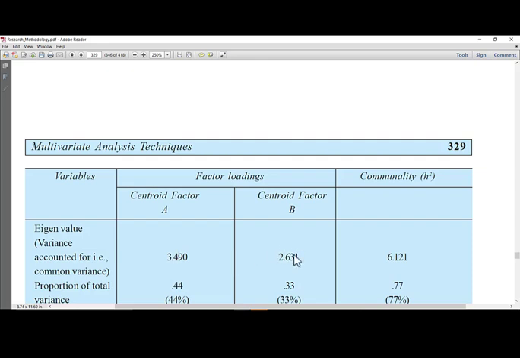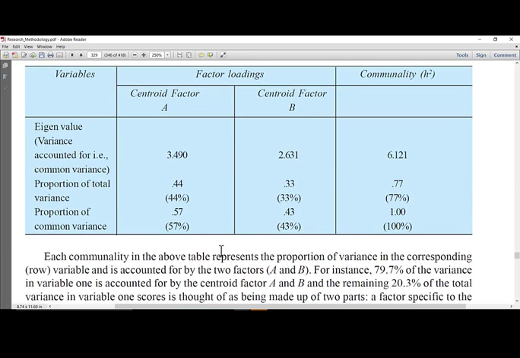This summation is 6.121. And then, as it is variance accounted for, that is common variance, what is the proportion of common variance? That is 3.490 by 6.121, that is this, and 2.631 by 6.121, that is this. Then, considering the total number of variables as 8, we have taken the total variance as 8. Then, what is the proportion of total variance?